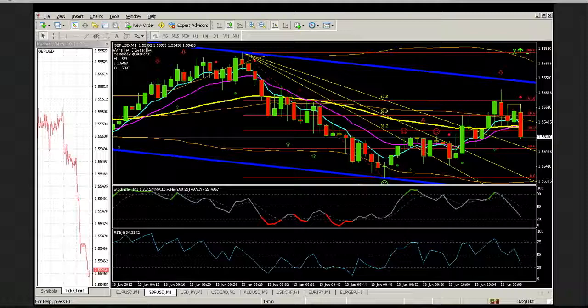As always, I'm going to put out a call to anybody who's watching. If you know a better way of tracking tick charts, and it doesn't have to be through MT4, we're looking for a free, non-subscription based model. If you have an idea of what I can use or what other people can use as well, please write in the comments down below. I'll be happy to share it along and give you credit for it too, because we want to better the channel.